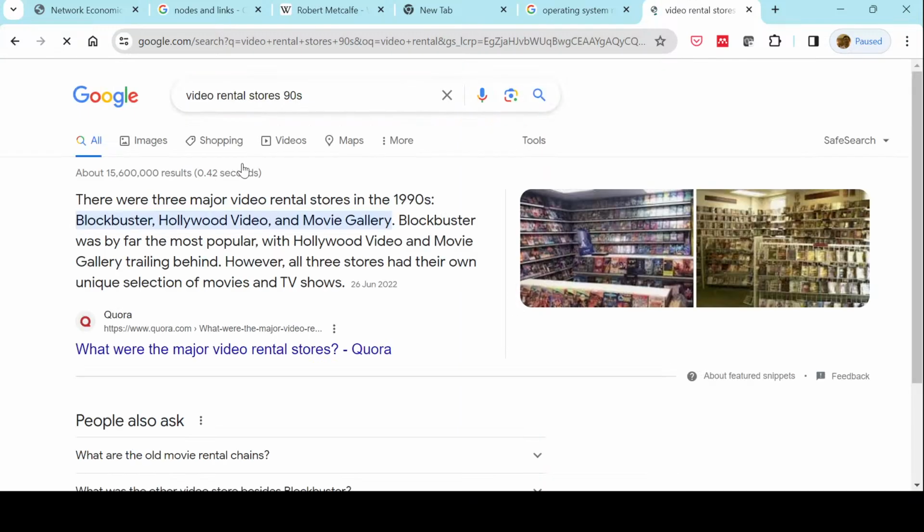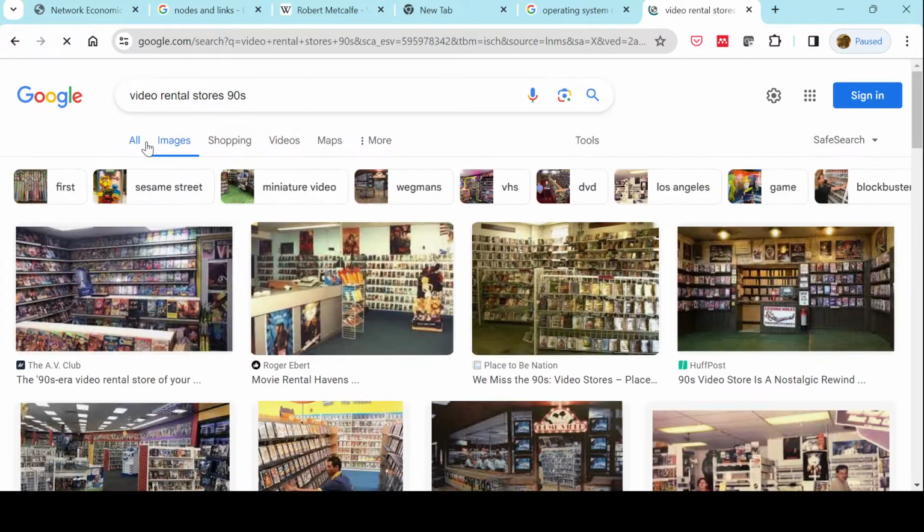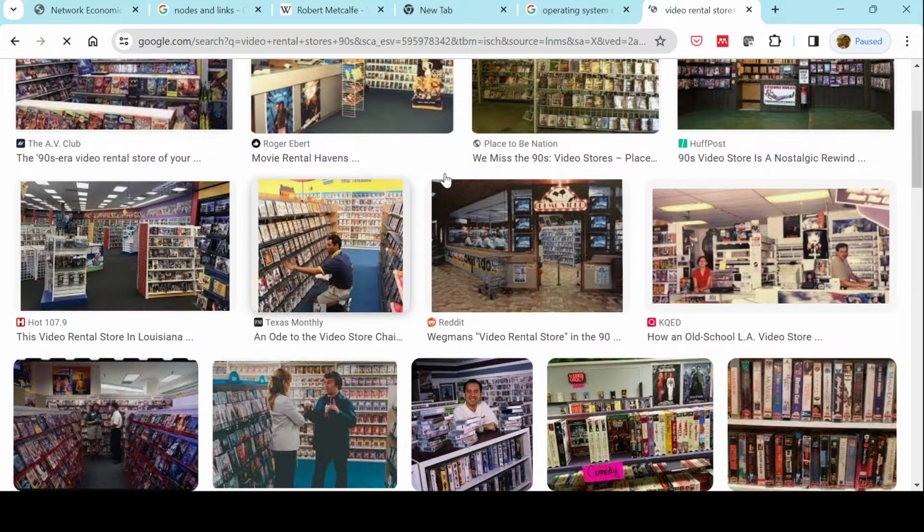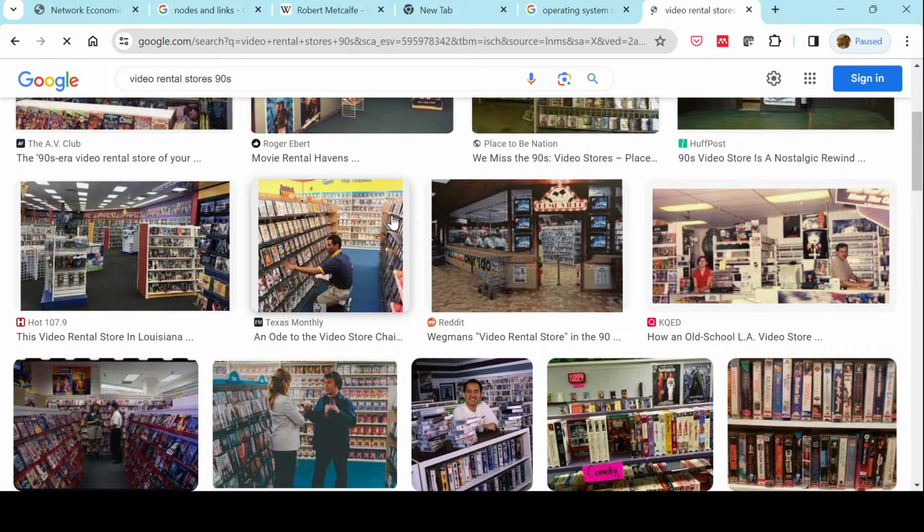Example of video rental store images. It's a chain like McDonald's, McDonald's burger. This is to rent video. And now no more. This is the 1980s and 1990s. No more because of the digital technology. This is wiped out, and we learned this in our last topic, which is disruptive technology.